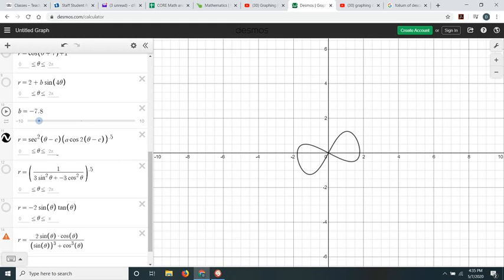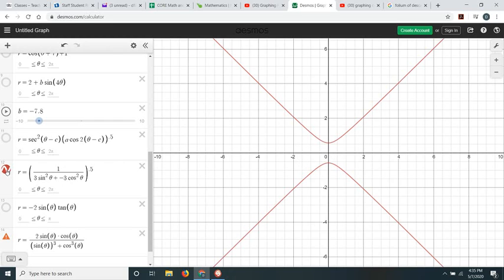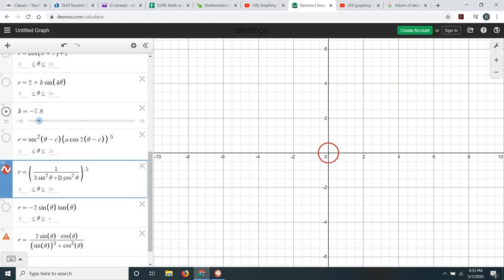And so, a little less interesting than the rose. This one right here, you might recognize this as a hyperbola. And then if I change this value, now it's an ellipse.